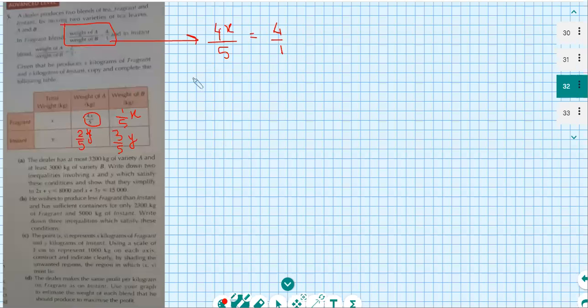So for part A, I'm adding it. The first one is 4 over 5x plus 2 over 5y.